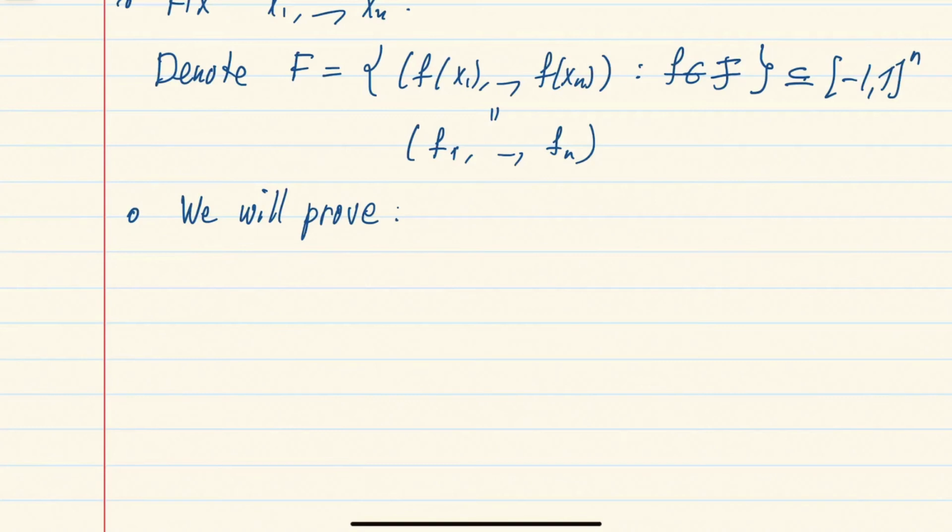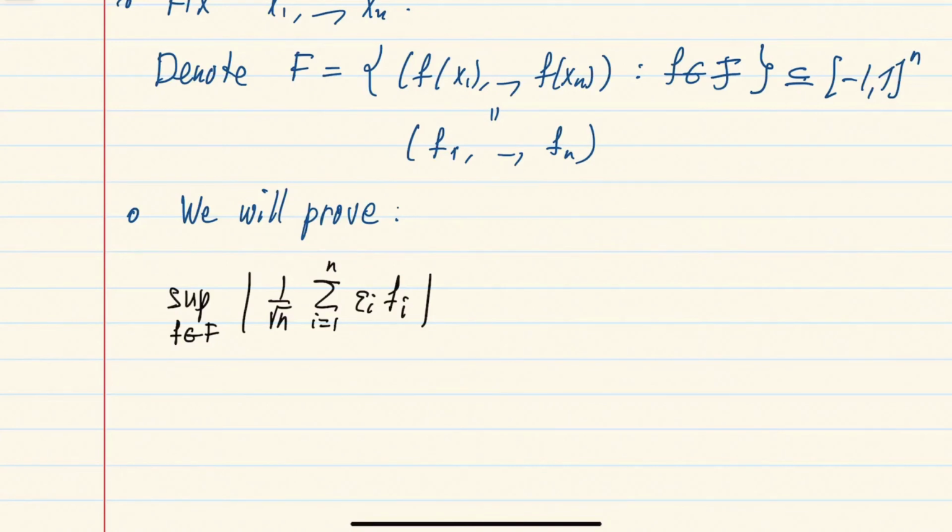We'll prove that when you take this supremum over the set F inside your cube of the above so-called Rademacher process, and remember right now we also have the scaling by square root of n, so here I'll bring it back: 1 over square root of n times the sum of epsilon i f of xi, which is now denoted just by fi. This supremum, and because the x's are fixed, here I'll take expectation only with respect to the Rademacher random variables.